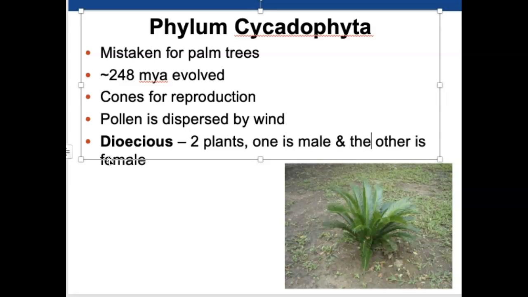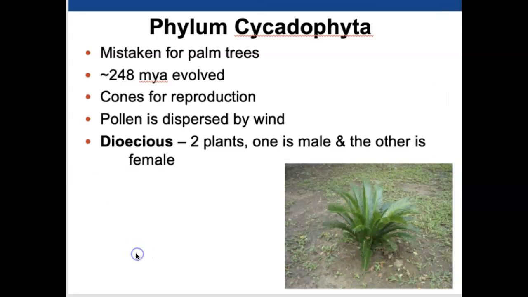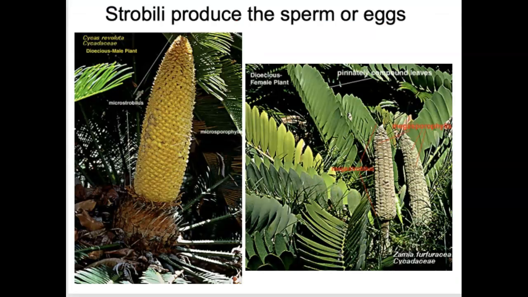Dioecious, you have boy plants, you have girl plants. And we can tell that by the cone they produce. So here's the cone. Officially, it's called the strobili. So this is the male cone that will produce microsporangia or microspores or pollen, sperm.